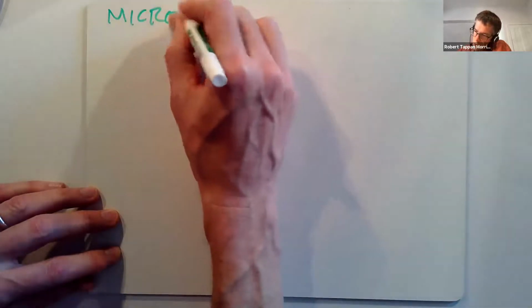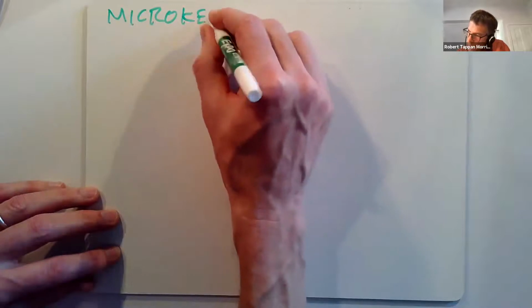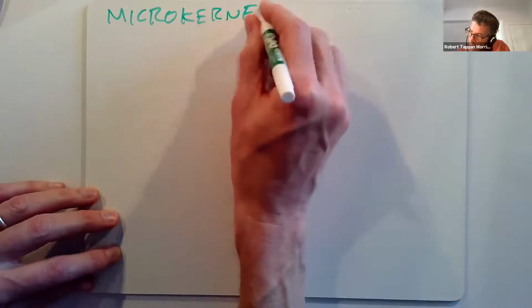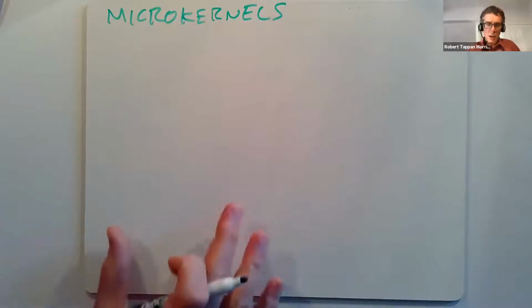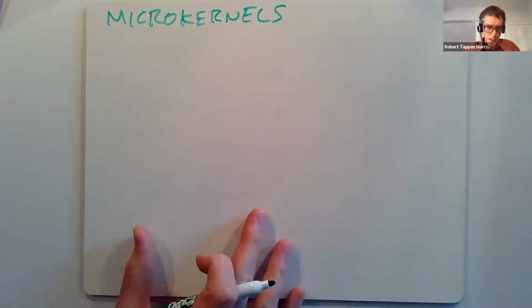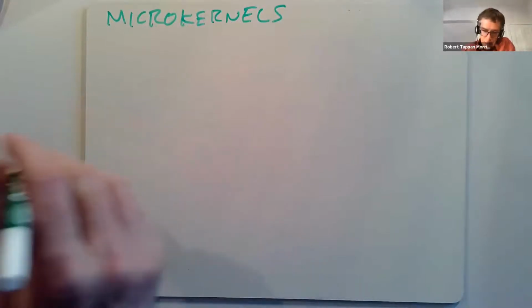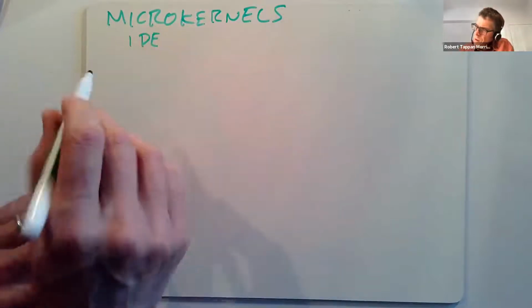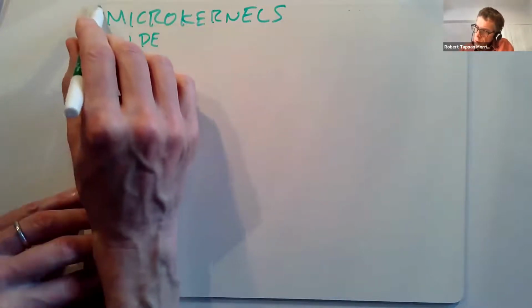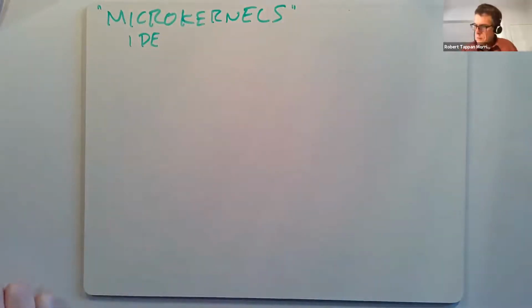Although many of the ideas go back to the beginning of computer history, microkernels became a hot research topic starting in maybe the mid to late 1980s. The word microkernel, by the way, refers to a general approach or concept. It doesn't refer to any specific artifact.